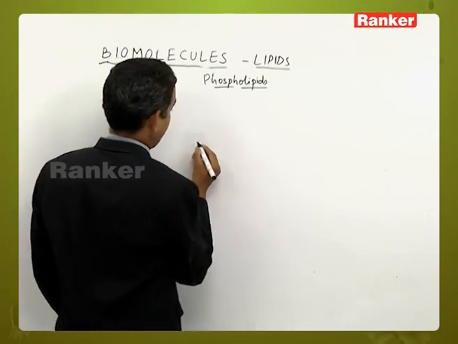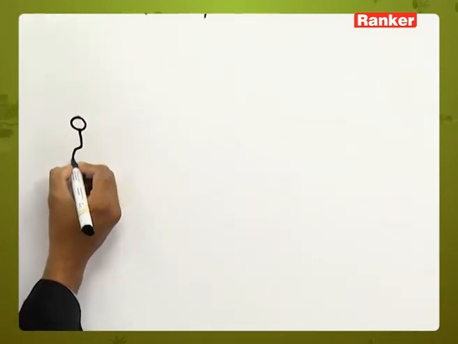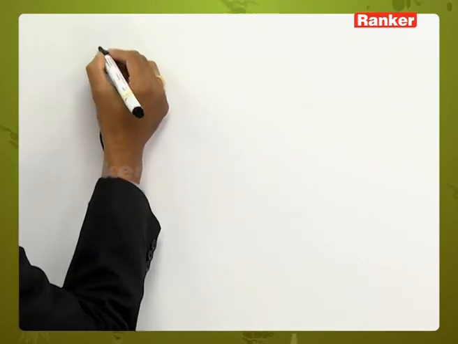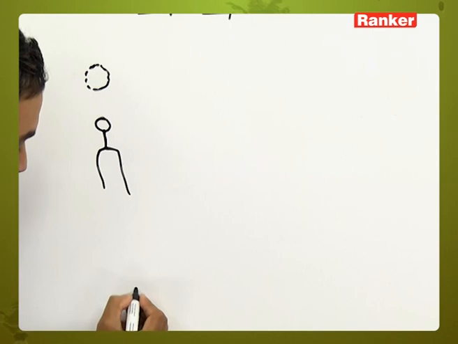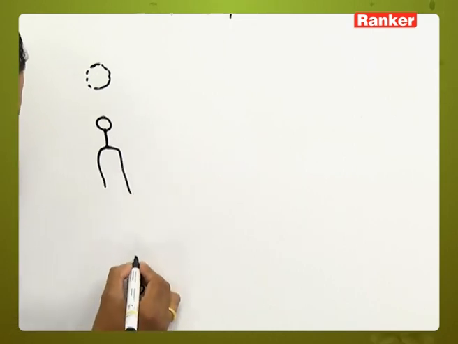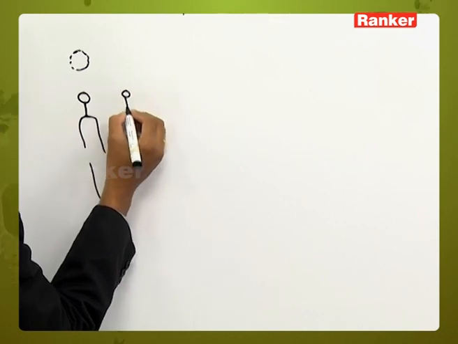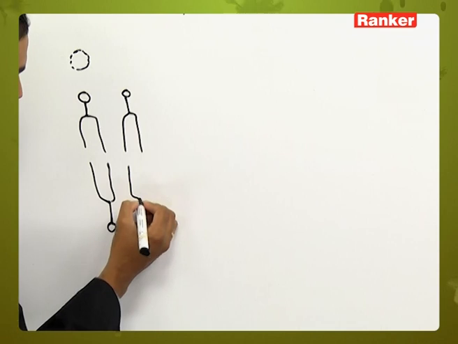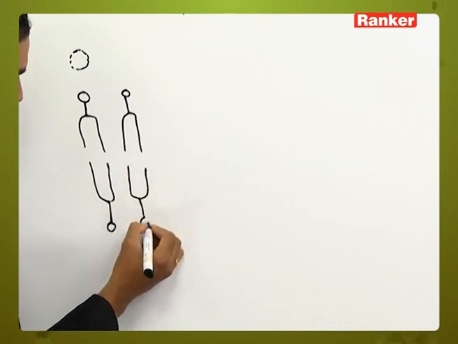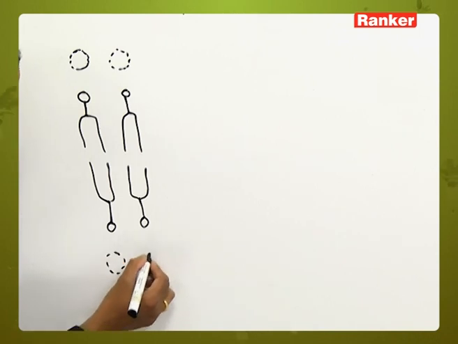Let's take the proteins which are present on this side, globulars, and here in the trilamellar structure this type of organization can be seen, where on both the sides we can see the protein molecules.